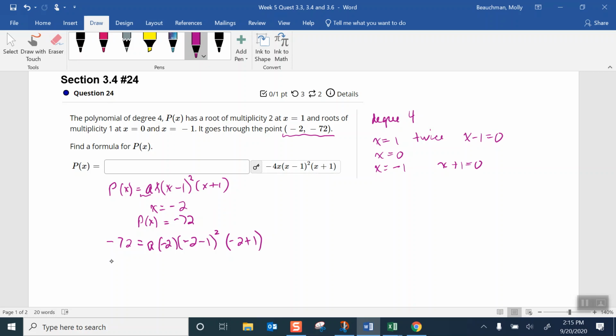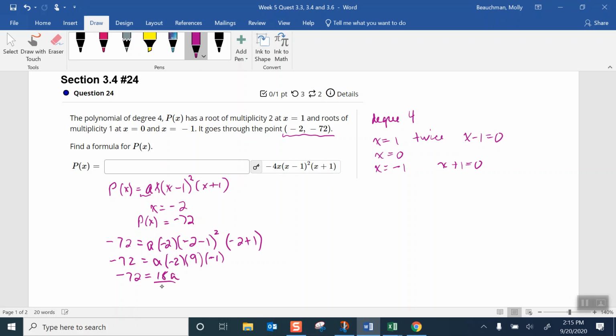So I end up with -72 is equal to a times -2. -2 plus -1 is -3 squared, which is a +9. -2 plus 1 is a -1. I get -72 equals, let's see, 2 times 9 is 18, positive 18a.